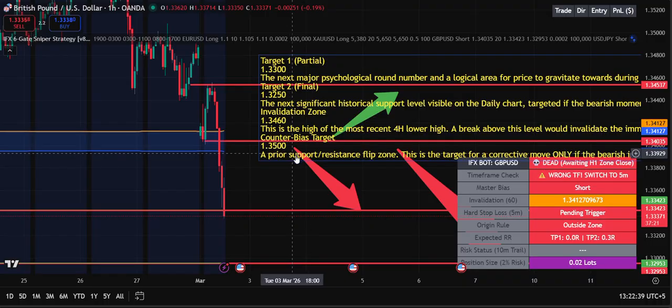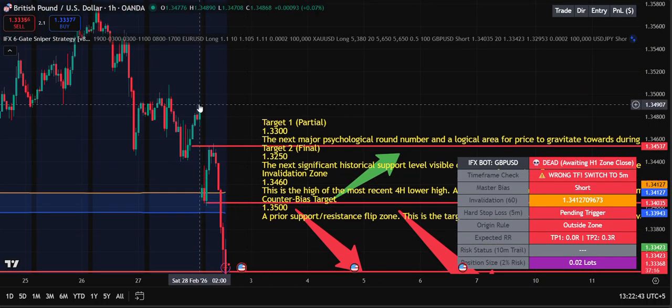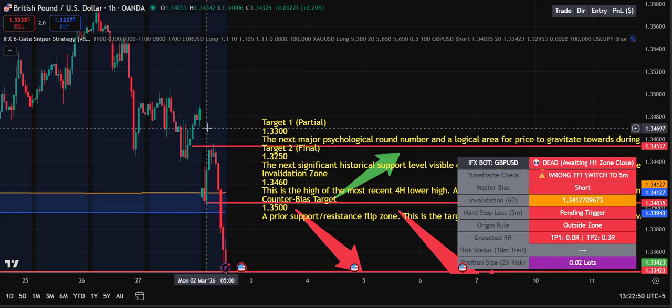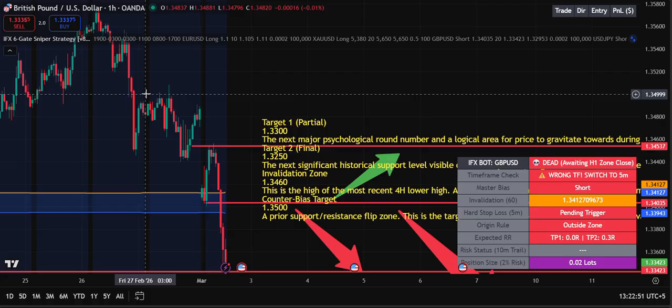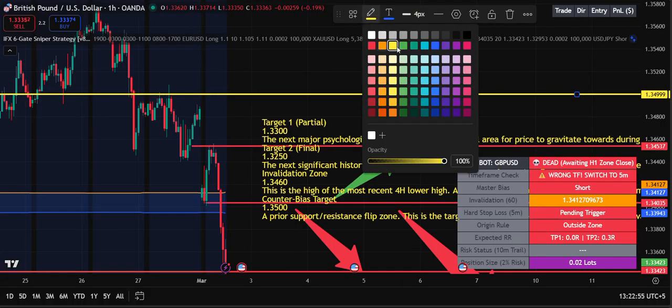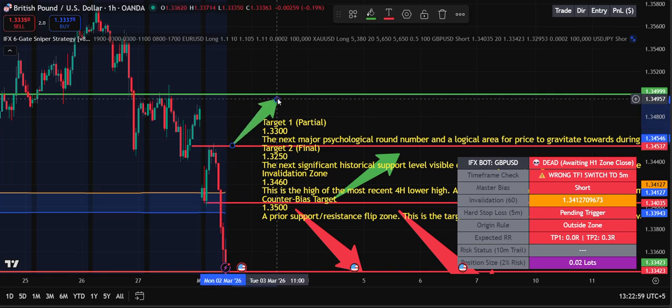And the counter bias trend target would be 1.350. I also agree with that. If we break above this, we will be going to 1.350. No doubt about that. So let's draw this as well. I agree with the AI on this.